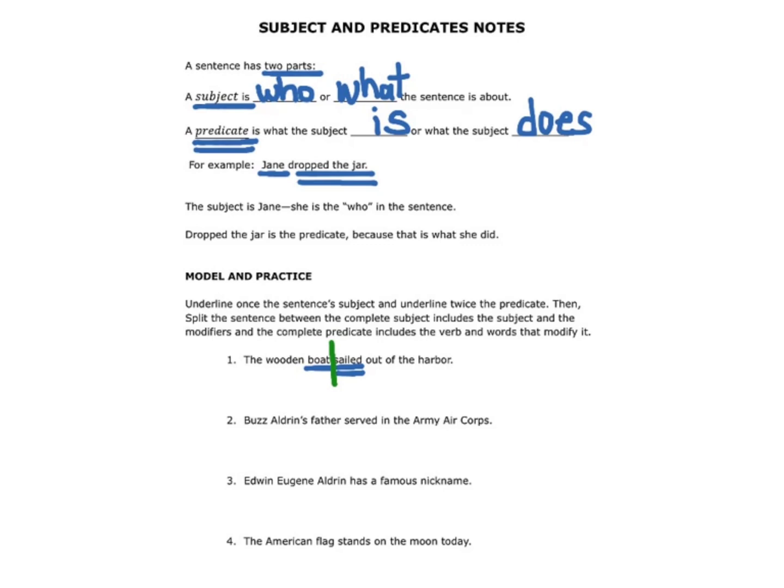So I'm going to note this. And you don't have to, I'm going to note this with this side is the complete subject and this side is the complete predicate.